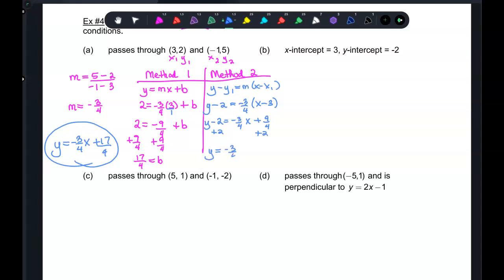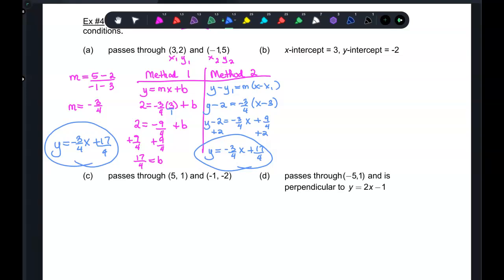Do I get the same exact answer? Yes, I do. I love this method. I see fewer mistakes with it. It's fewer steps, even though the math involved is exactly the same.